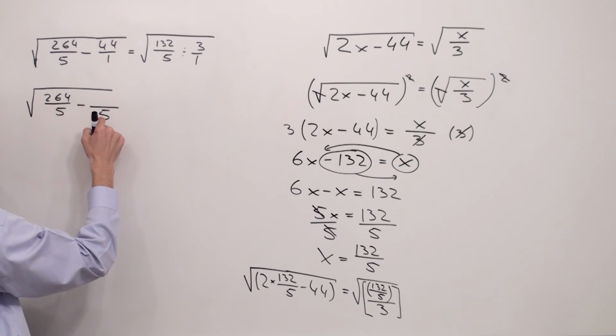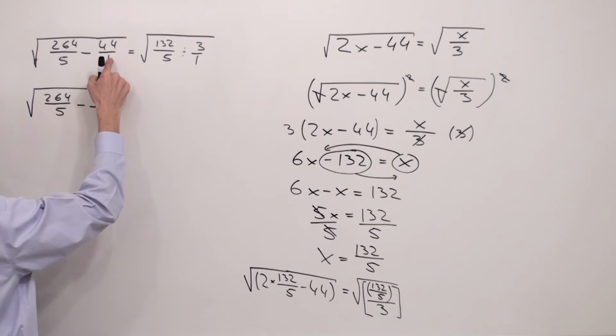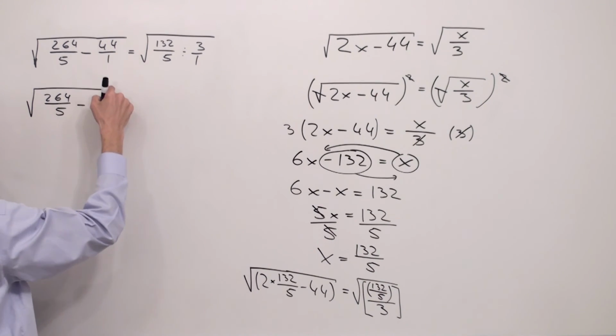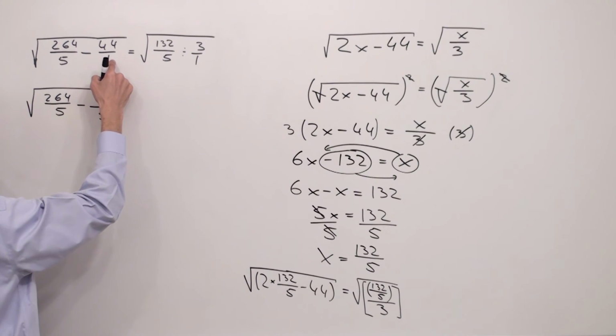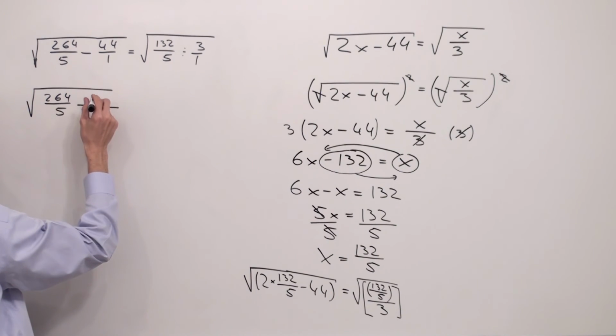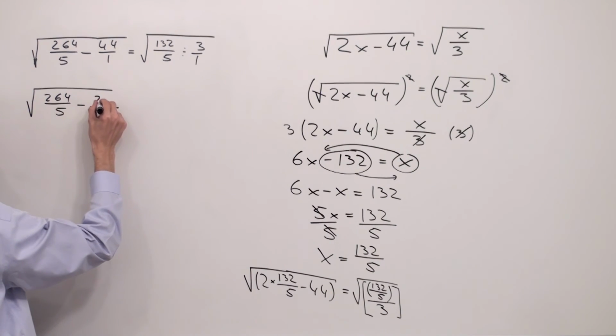What number am I supposed to multiply by 1 to get 5? 5. 5 times 1 is 5. Whatever I did for the denominator, I have to do also for the numerator. 5 times 44 is 220.